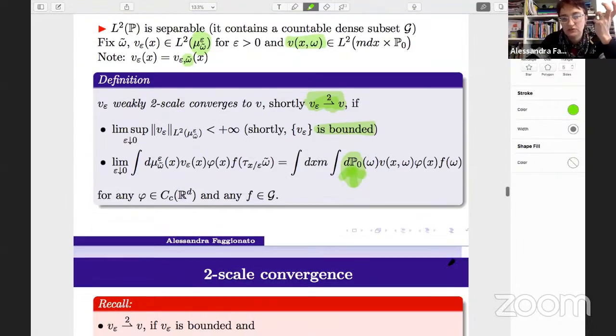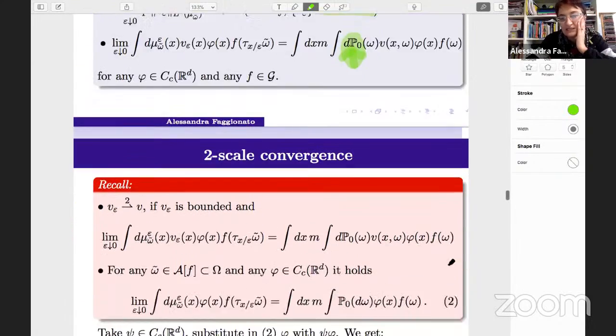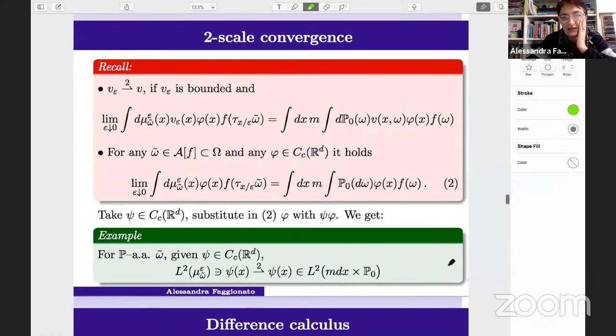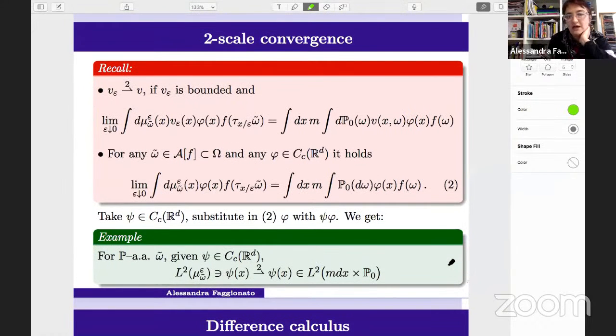Okay, and it's similar to two-scale convergence. So let us see a basic simple example. Here I have reported the definition of two-scale convergence, and here I recall the two-scale ergodicity. The ergodicity, this is free, it holds always.